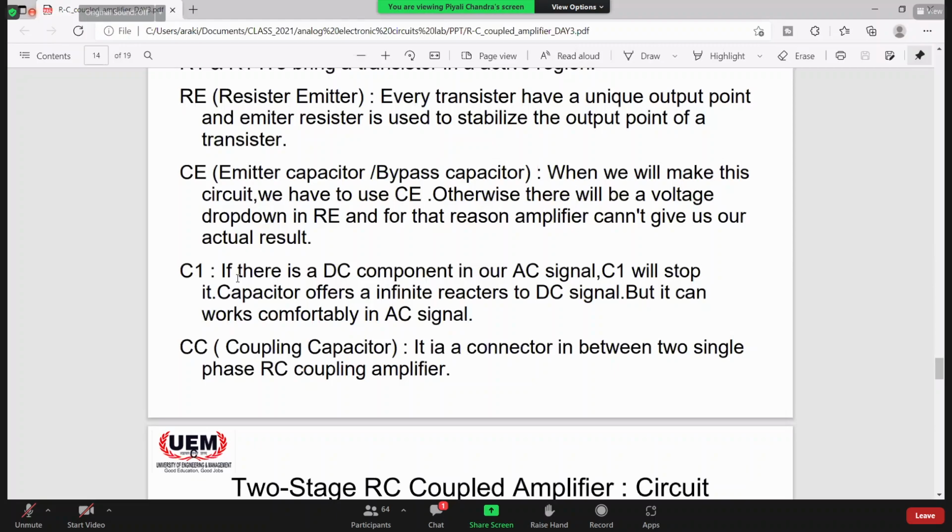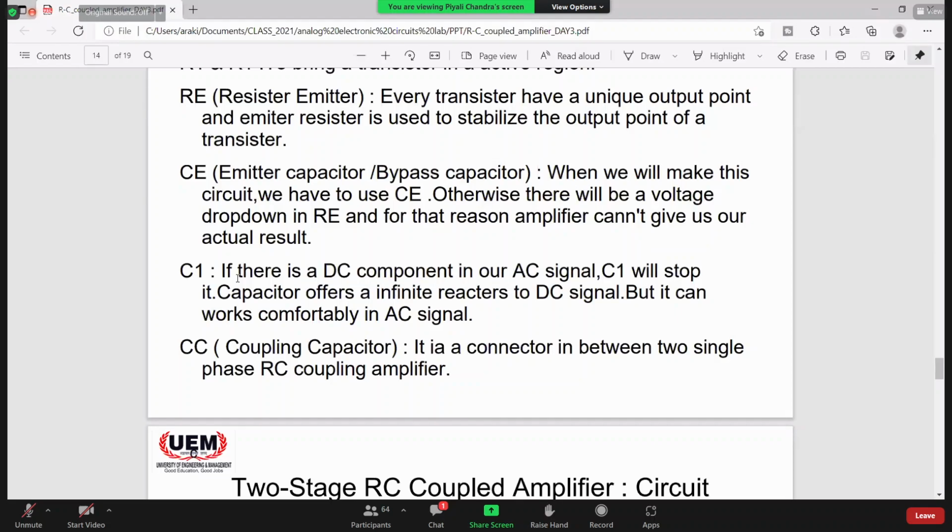So when there is a DC component, that means the frequency is very low. And if the capacitance value is very big, that means the reactance is infinite, right?